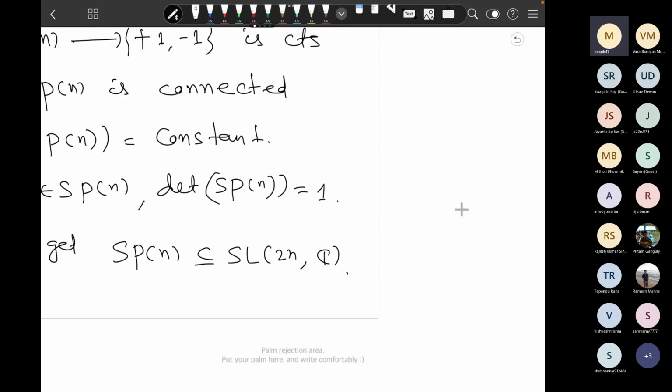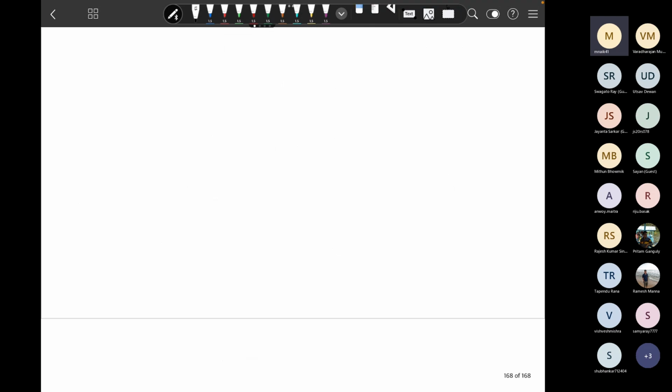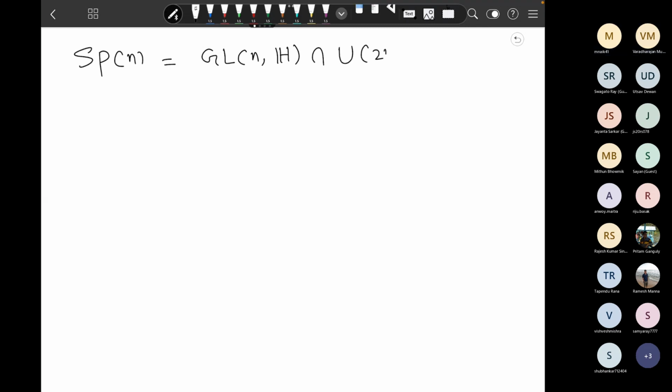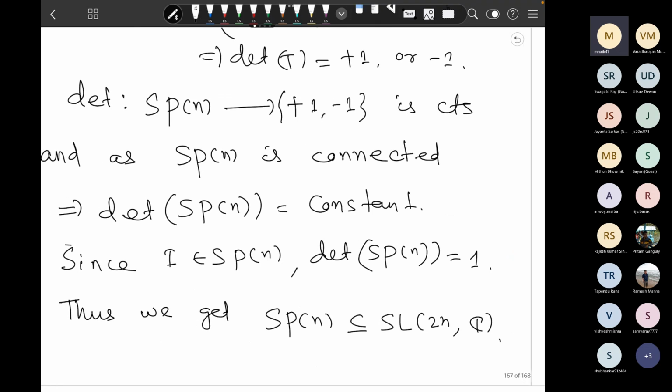So this is clear. Now we already know that Sp(n) is equal to GL(n,H) intersection U(2n), and you get that Sp(n) is contained inside SL(2n,C).